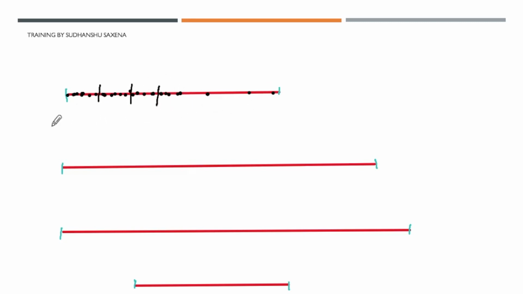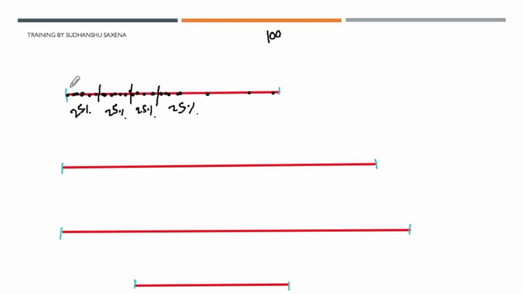If there are say 100 elements in this data, 25 are here, 25 are here, 25 are here, 25 are here, right? Which means that if this is 100% of the data, 25% of the elements are here, 25% of the elements are here, and so on and so forth.